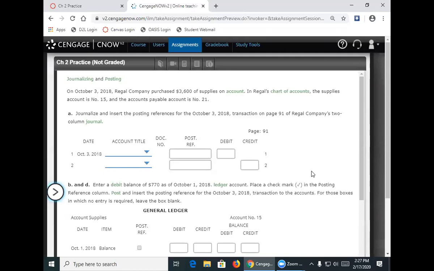Overall, stockholders' equity increases on the credit side, with both revenues and common stock increasing and dividends and expenses decreasing.